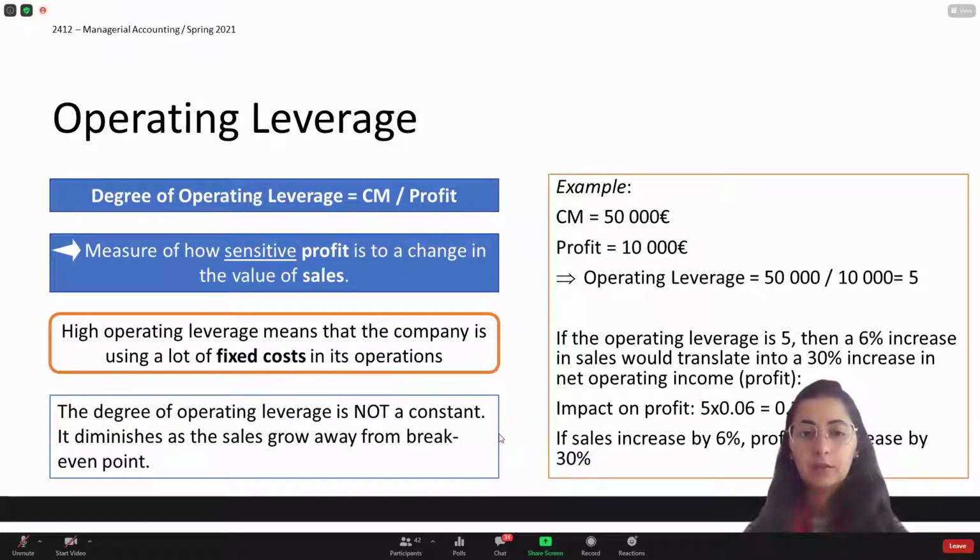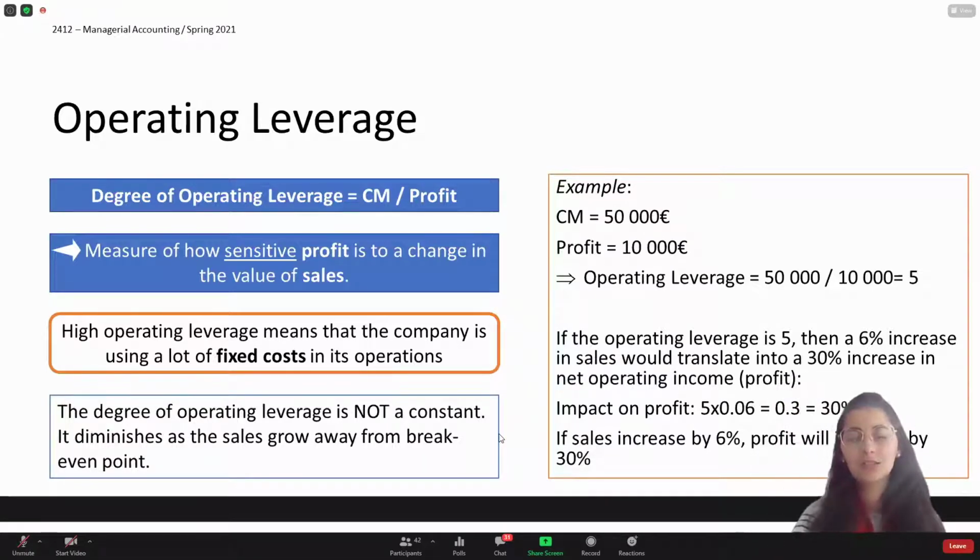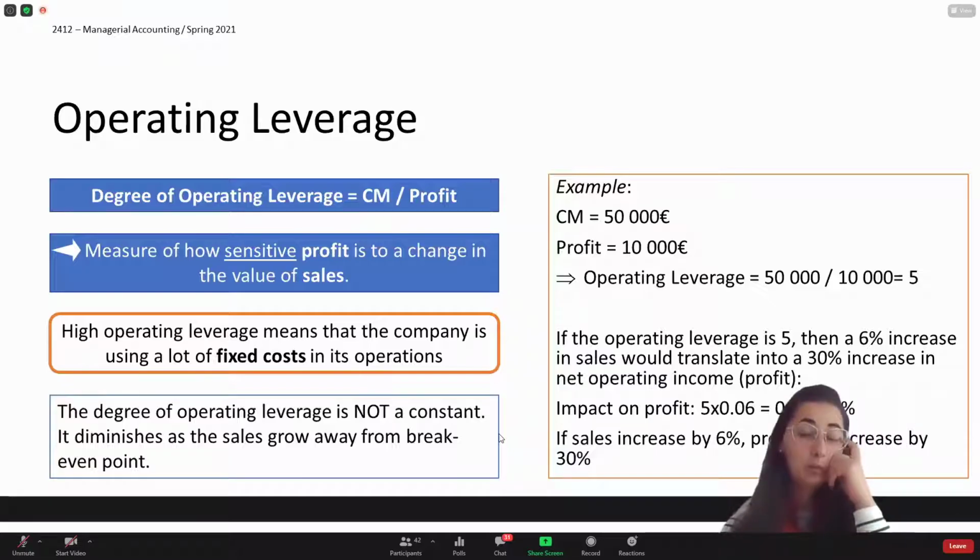So we can see this example here. If you have a contribution margin of 5,000 euros and a profit of 1,000 euros, the operating leverage, making the calculations, contribution margin divided by profit, is 5. So if the operating leverage is 5, when we have a 6% increase in sales, this would translate into a 30% increase in the net operating income, in profit.